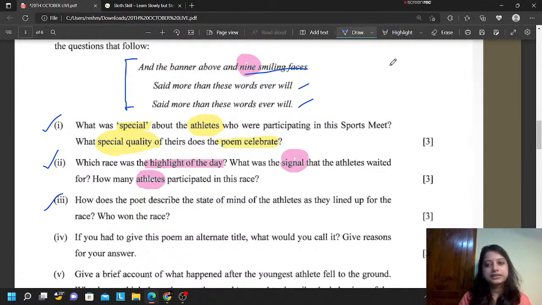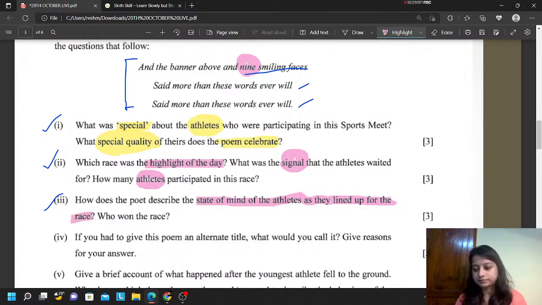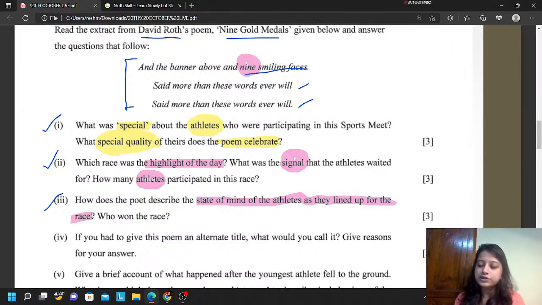How does the poet describe the state of mind of the athletes as they lined up for the race? What do you think was their state of mind? It is a 3-mark question, so 2 to 3 words you can say.